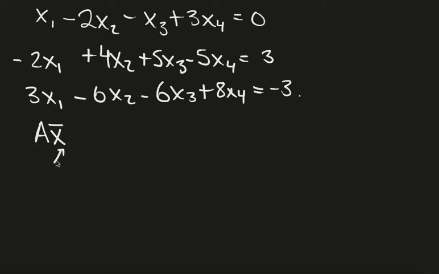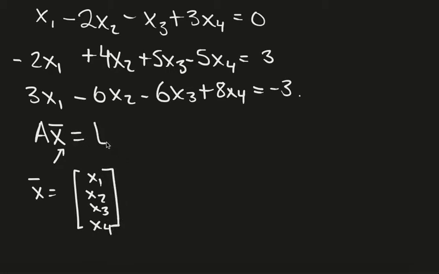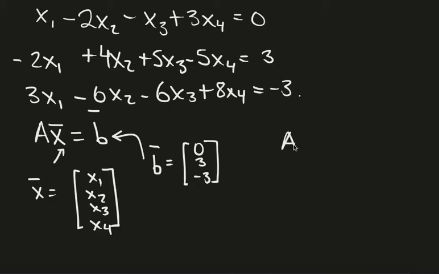Here x bar will be x1, x2, x3, x4, and we want to set this to be some vector b, where b bar is 0, 3, and minus 3. So here we see that A has to be a matrix that has 4 columns and 3 rows, so it's a 3 by 4 matrix.